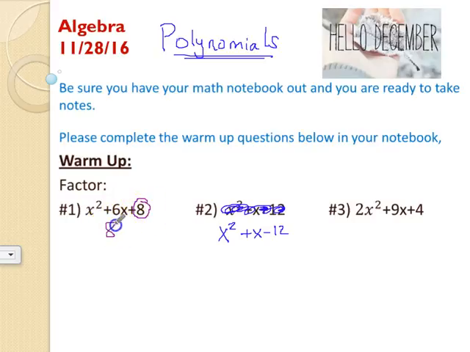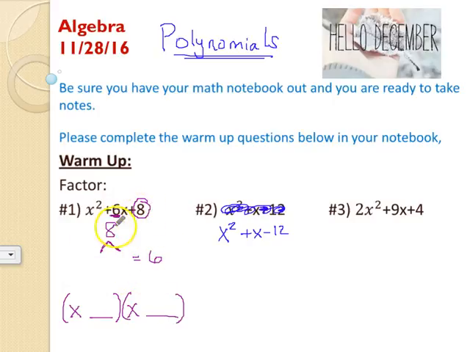So we look for factors of 8 that add up to give us that middle term, 6 there. So we look, and that will always help us factor. So what we want to do when we factor is we want to always put our x and our x here, and now we need to figure out what number goes here and what number goes here. And we can do that by using these steps.